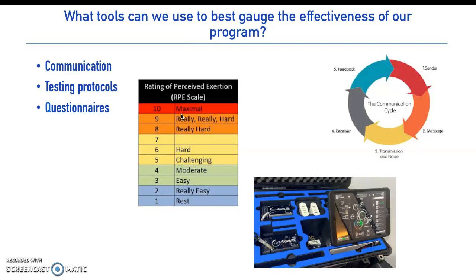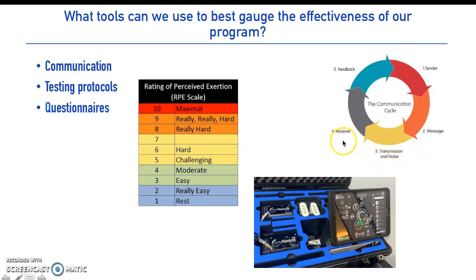So communication, that's the first thing we do with our athletes. We've got a communication cycle right here. The sender, or the coach, needs to portray a message, and that message creates some sort of transmission or noise, whether it is me speaking to you, or through an email or a message. That is the transmission.